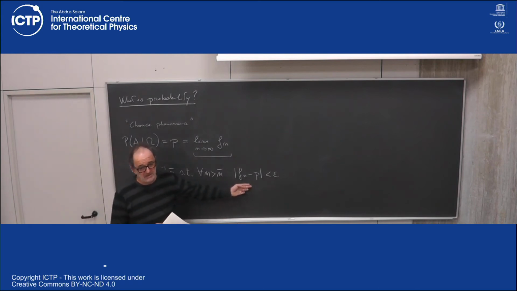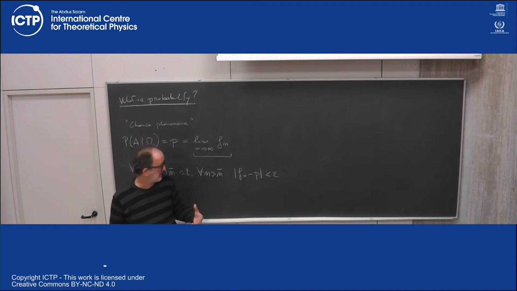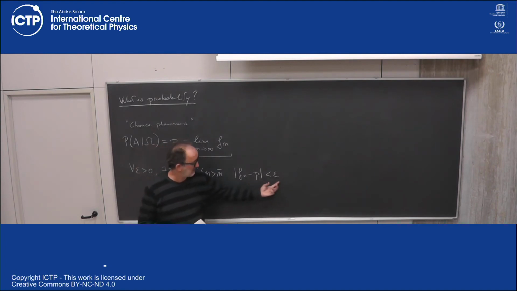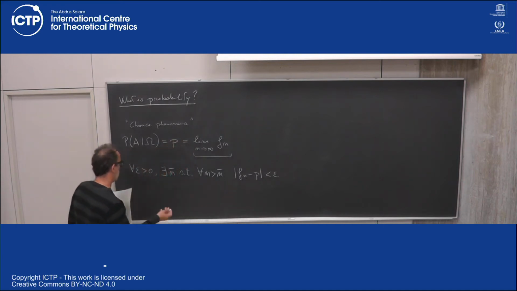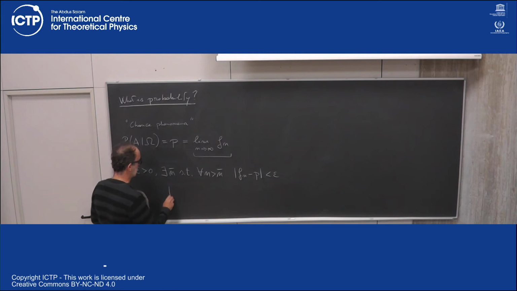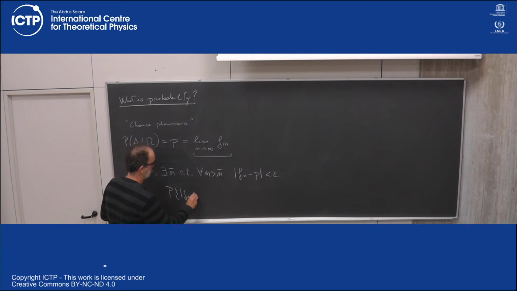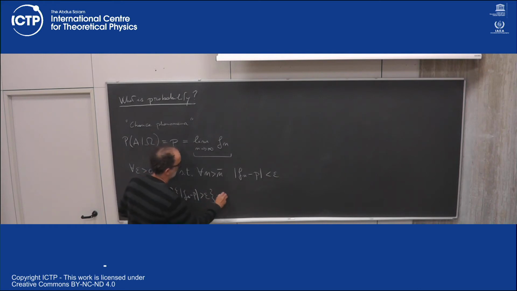I mean, there can be very special sequences of experiments where essentially this inequality is violated. Okay, so at most what we can say is that the probability of these violations is going to zero as n goes to infinity.